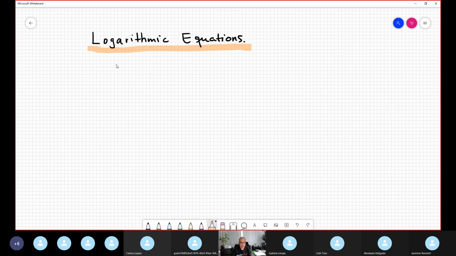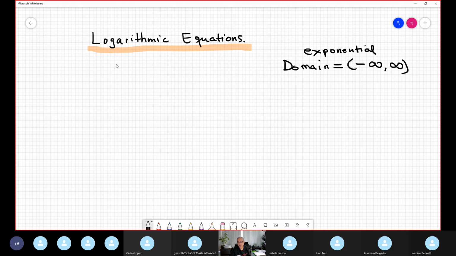You know, the domain of the exponential function is all real numbers. That's the reason exponential equations are nice. They accept any number, positive or negative.